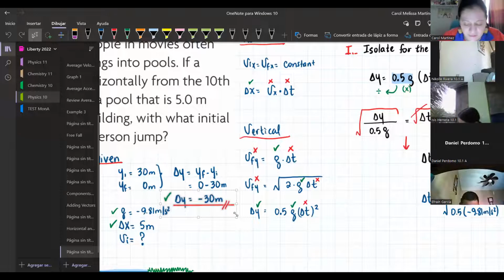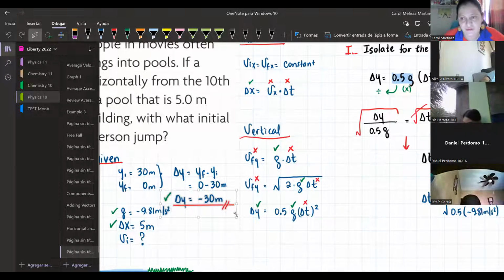In your procedure, if I see that your delta y is positive and magically your answer appears, it's incorrect, my friend. Because if you perform this in your calculator, it's going to give you a math or a syntax error, okay? So it's not the same. Be careful with the signs.